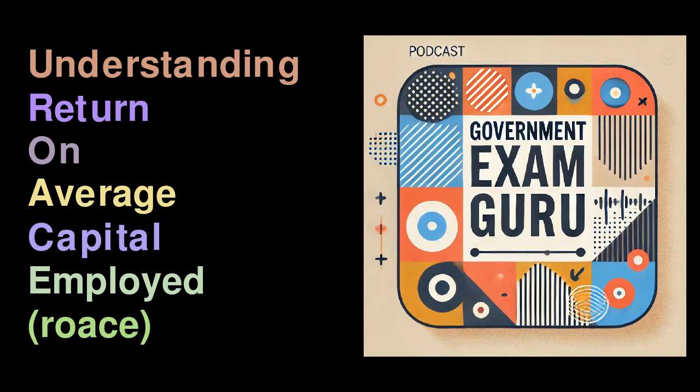2. Calculate average capital employed. Beginning capital employed, CEB, equals total assets minus current liabilities equals $500,000 minus $200,000 equals $300,000. Ending capital employed, CEE, equals total assets minus current liabilities equals $550,000 minus $200,000 equals $350,000.